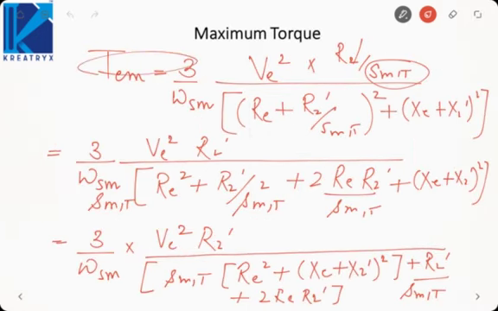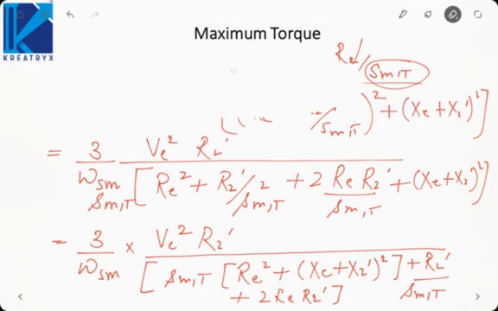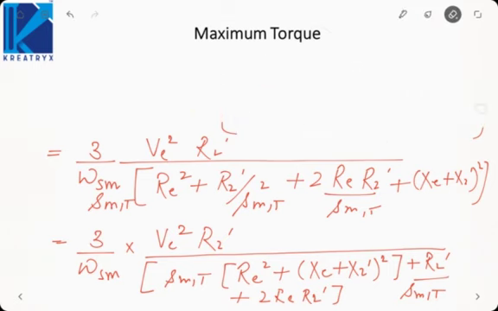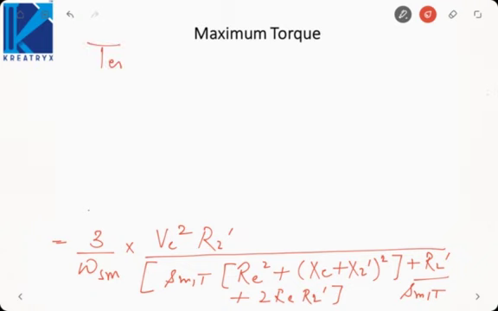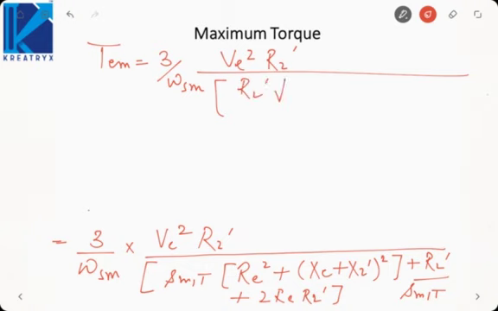So SMT, if we substitute, three by omega Sm, Ve square R2 dash, then SMT is R2 dash by under root of this, R2 dash into under root Re square plus (Xe plus X2 dash) whole square.